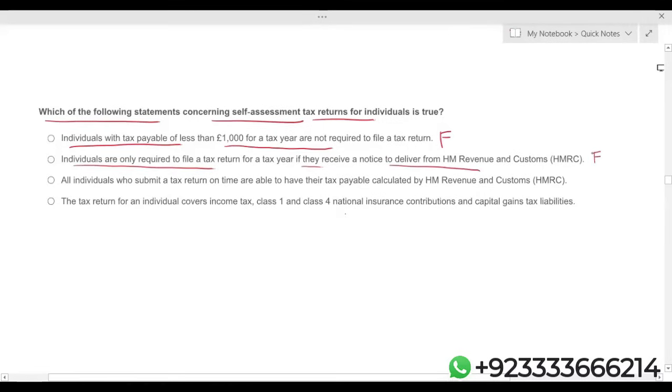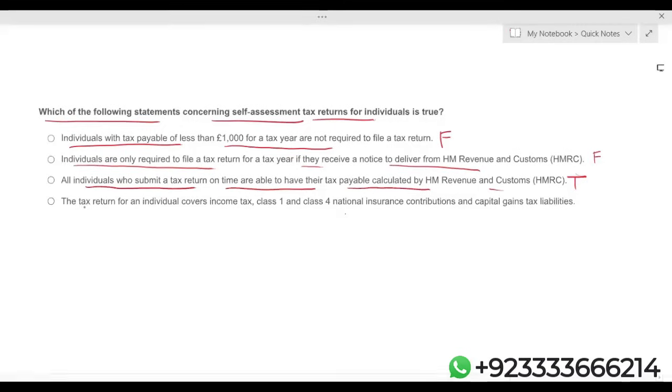What about those people that are still submitting, not getting the notice? All individuals who submit tax return on time are able to have their tax payable calculated by HMRC. So this is possible. If you're submitting your tax return on time, then you can request HMRC to calculate income tax for you.